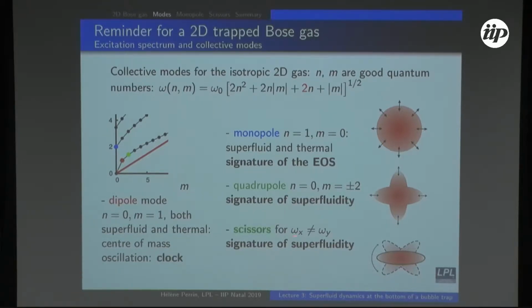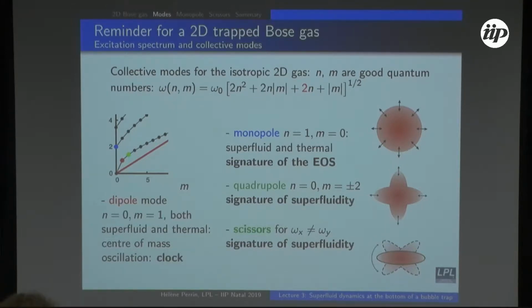And finally, when the trap is not isotropic anymore, but there are two different frequencies, omega x and omega y, then you have a scissors mode, which is linked to the quadrupole mode. It's a quadrupole-like mode. Because like in the quadrupole, in the center, the velocity field is 0. Everything happens on the edges.